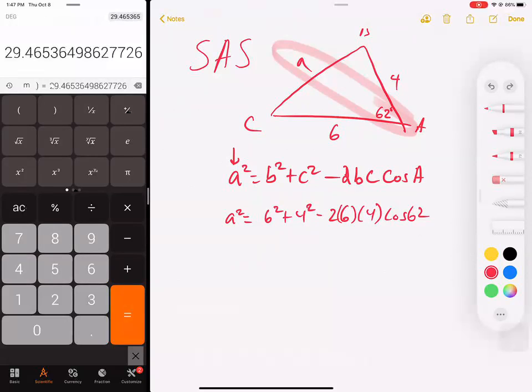Now 29 is not my side for sure. We take the square root of that. We end up at A is equal to 5.42.